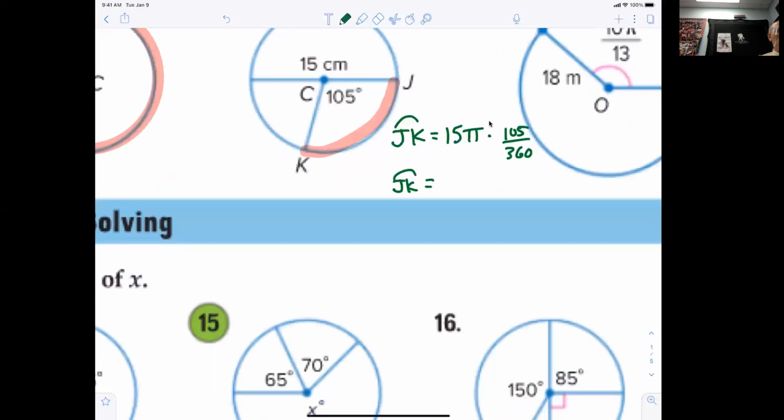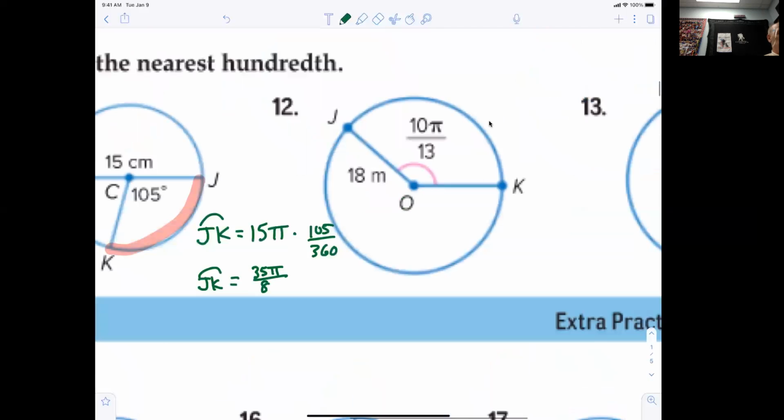And somebody tell me what that answer is. 35 pi over 8, is that right? Anybody else? So again, 15 times 105 divided by 360, math, enter. Any issues? Nobody? All right, let's check out the next one.